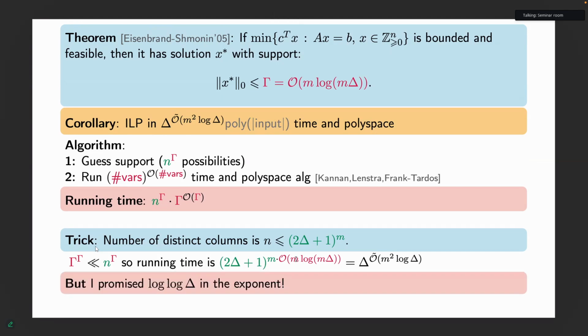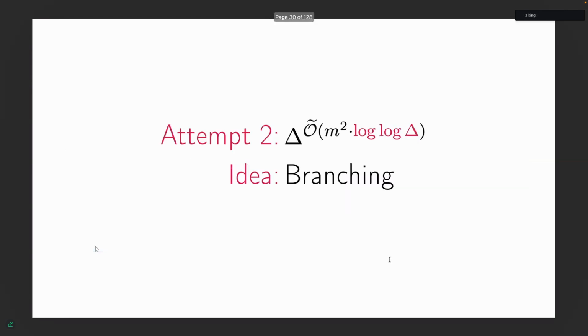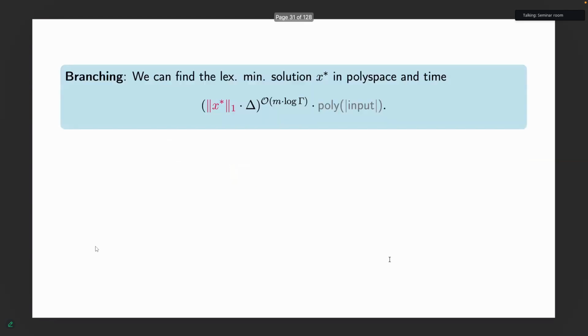Yeah, so I promised log delta in the exponent, and I promised single exponential in m. So let's see how to get log delta. The idea is to do something more clever than just running Cannon-Lenstra.